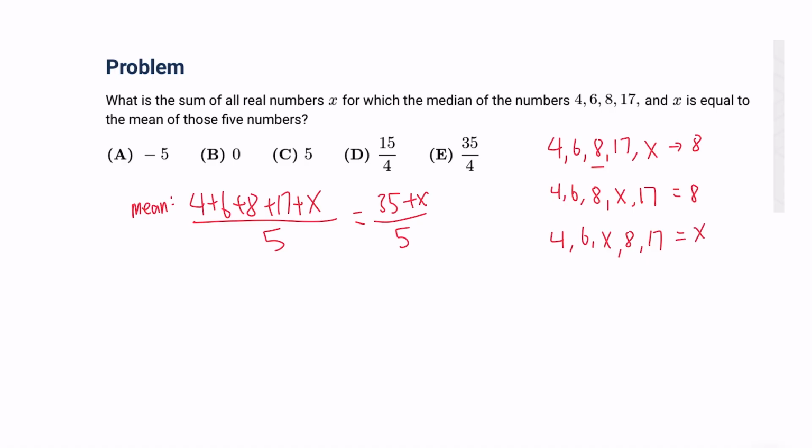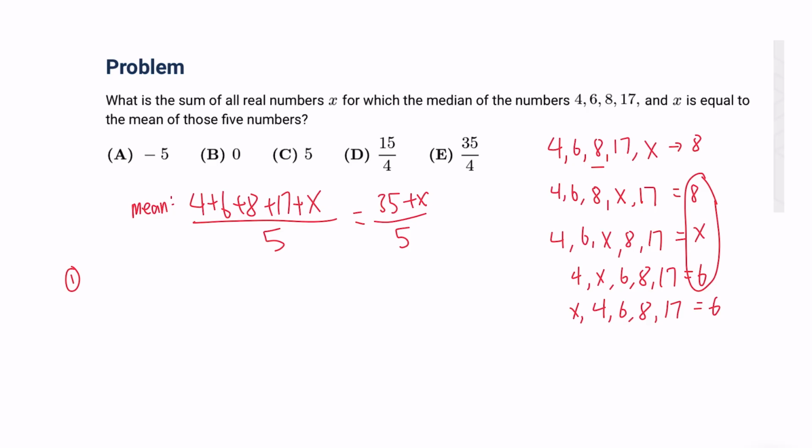And then it could be greater than 4 but less than 6. So we would place it here, and the median here is 6. And then if it's less than all of these numbers, then it would go first. But we see that the median is still 6. So that means that there are only 3 possible choices for the median here. It doesn't matter what x is. It's either x, 6, or 8.